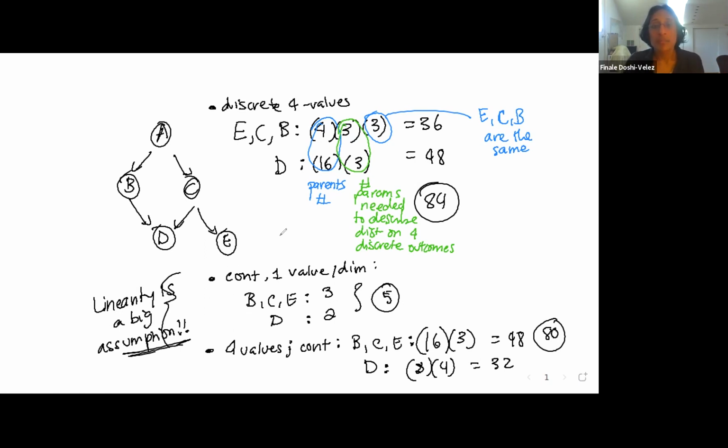Okay, so that's the key point here: this discrete case is describing every way of creating that discrete distribution, whereas if we make this linearity assumption, we're making some really specific assumptions. We could have had a deep network containing A and B, and suddenly there would have been a zillion parameters. Cool. So that's going through the concept check.